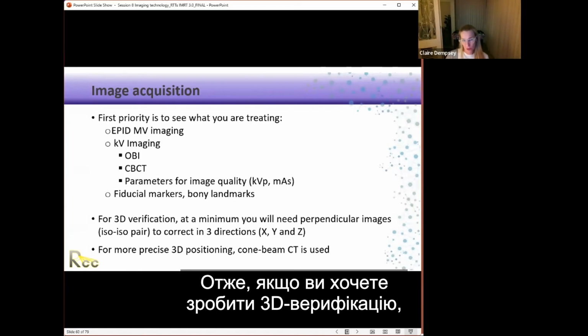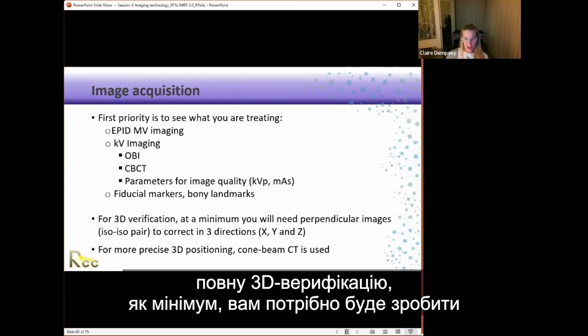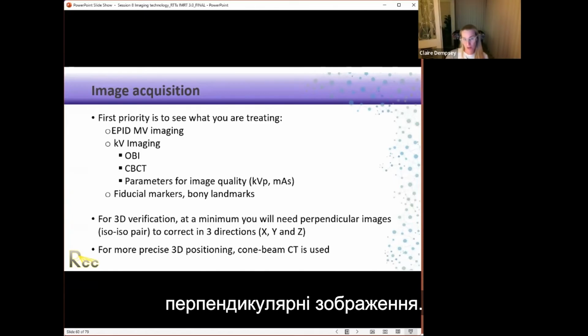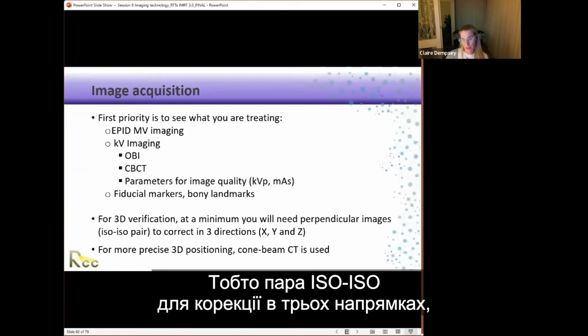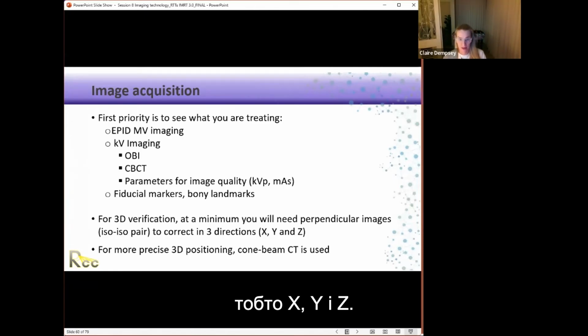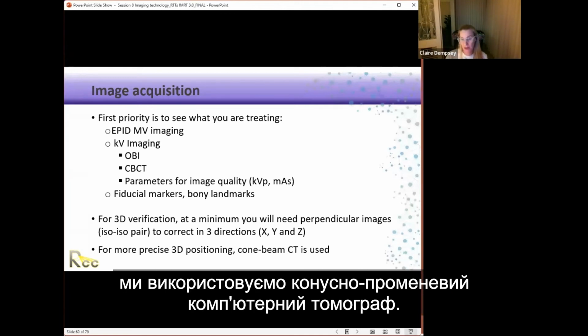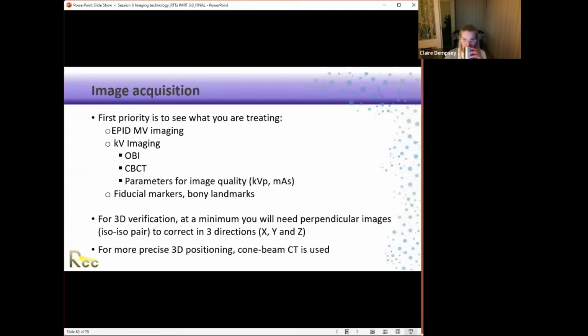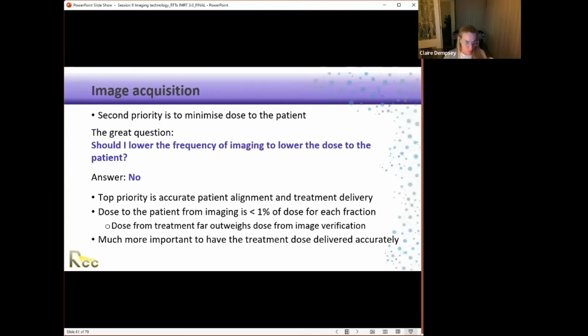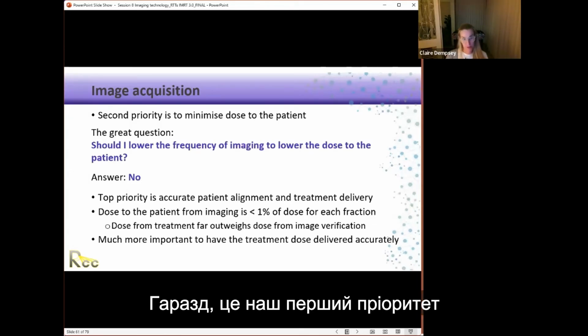If you want to do full 3D verification, at a minimum you will need to take perpendicular images, an ISO pair, to correct in the 3 directions, X, Y, and Z. If you want more precise 3D positioning, then we use our cone beam CT. That's our first priority: get good images.